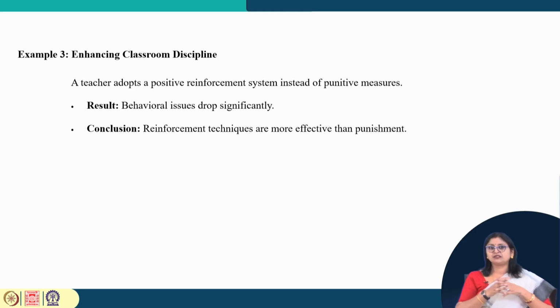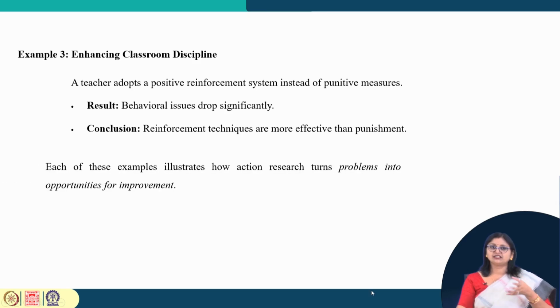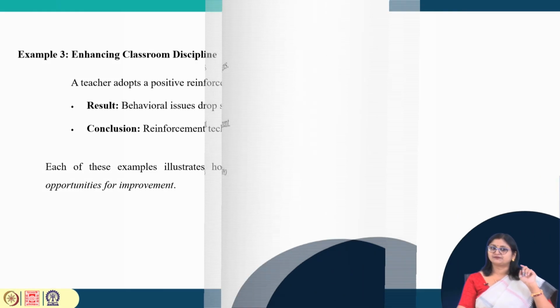Reinforcement techniques are more effective than punishment. That is why we suggest that positive reinforcement is very important in school education, especially at every level of education or communication. Positive reinforcement is good for us also, as teachers. So, this kind of conclusion is a normal conclusion. Each of these examples illustrates how action research turns a problem into an opportunity for improvement.